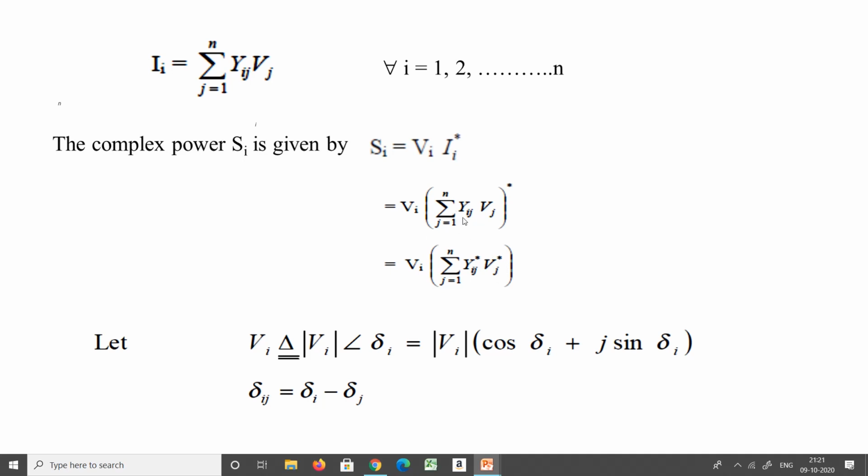So here it represents the same. This is the formula to calculate the complex power Si.